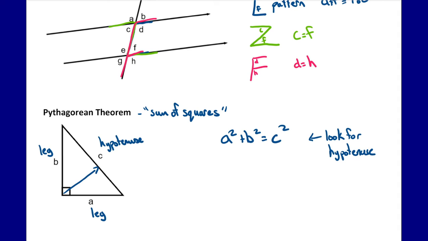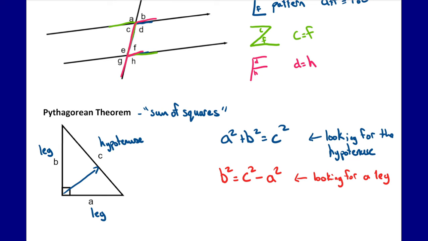But if we're looking for a leg, it's probably better to use the other form, which would be, say, b squared equals c squared minus a squared. So that's looking for a leg. We'll correct our grammar, that's the top one, looking for the hypotenuse.